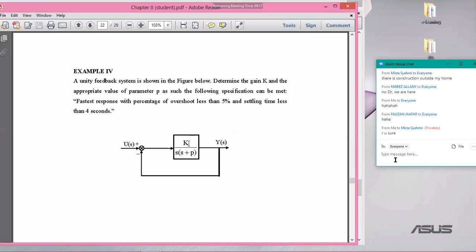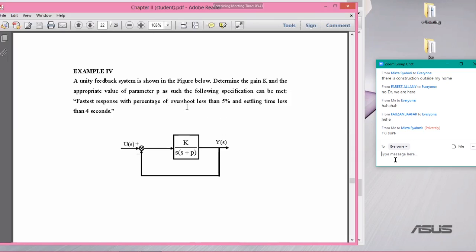Determine the gain K, which is the design parameter, and an appropriate value of P such that the following specification can be met. You want the fastest response with less than 5% overshoot and settling time less than 4 seconds. So here you are given the specification, and you need to design, meaning choose the value of K and choose the value of P such that the specification can be met.